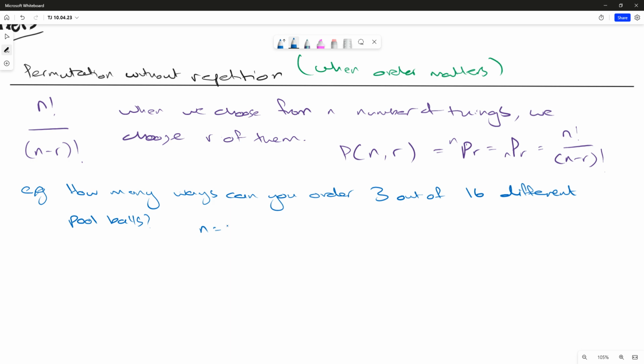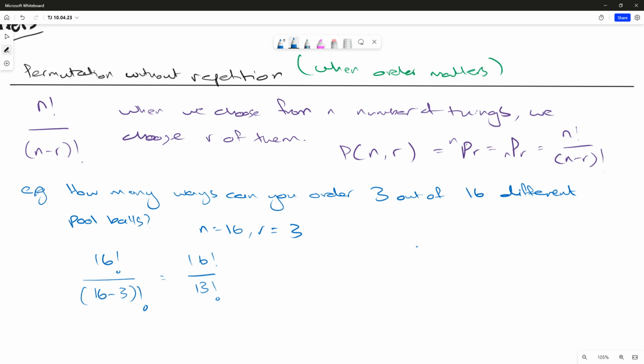So here we're given n is equal to 16 and r is equal to 3. So we've got 16 factorial divided by 16 minus 3 factorial, and that's the same as 16 factorial over 13 factorial.